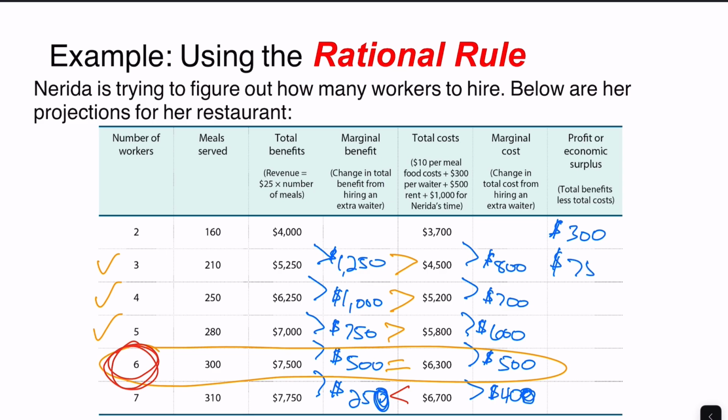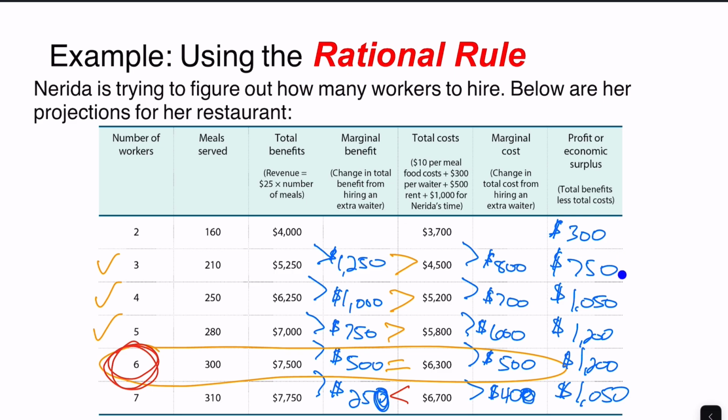Third worker, $750, $1,050, $1,200, $1,200 again, and 1,050. The way I calculate those is the total benefit column minus the total cost column, and we get the profit she would make.